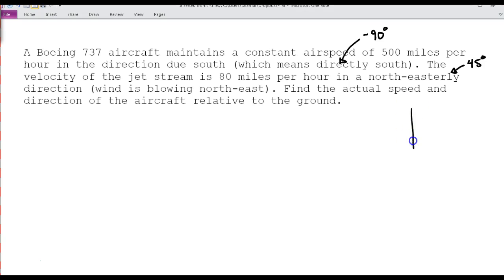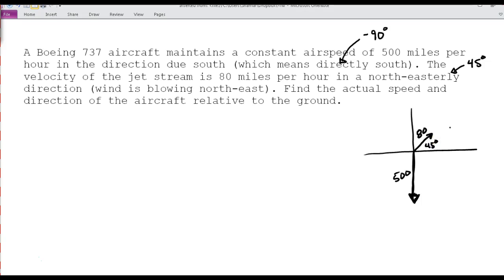So I'm going to draw a little picture here. The airplane is going directly south at 500. And the wind is blowing at 80 miles per hour at 45 degrees.